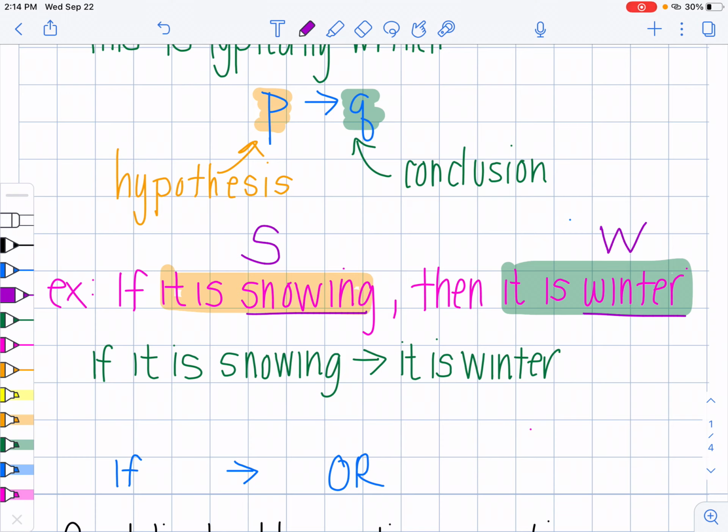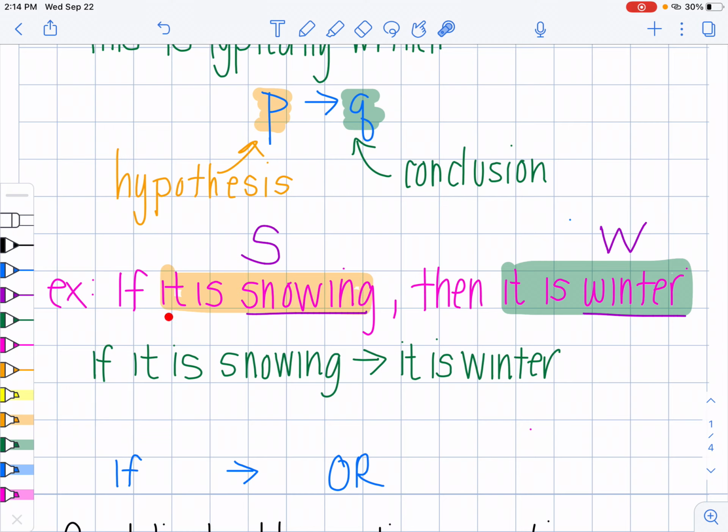Now, note that I talked to you about this arrow, so you can write it this way. If it is snowing, and then you write an arrow instead of doing comma then. So if it is snowing, then it is winter. That's more of an abbreviation, but we want to abbreviate it even more.